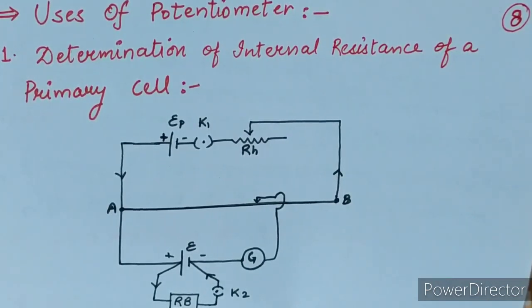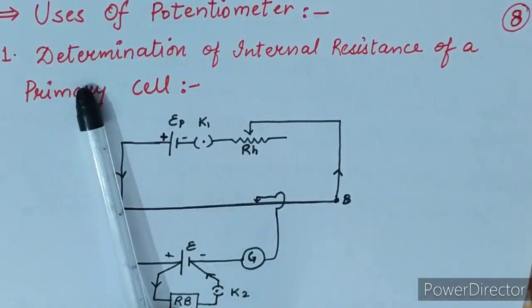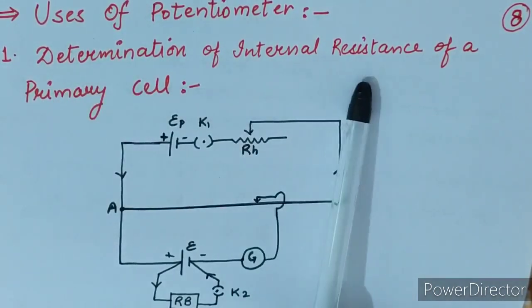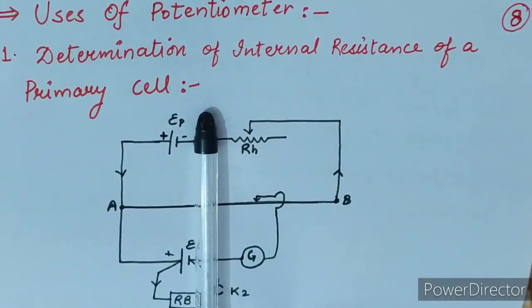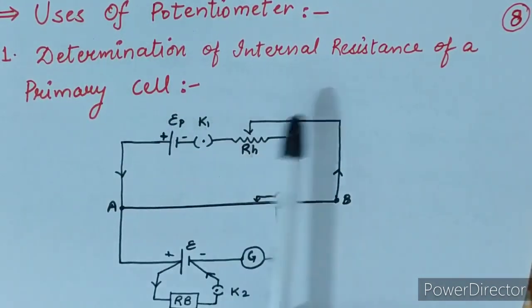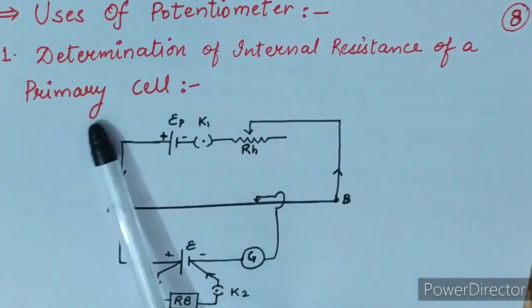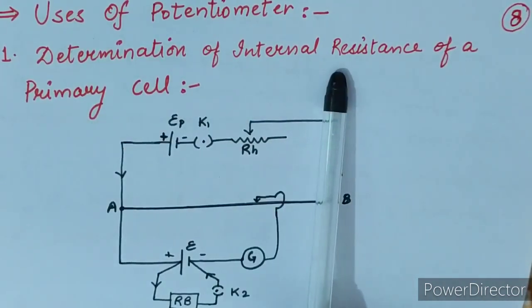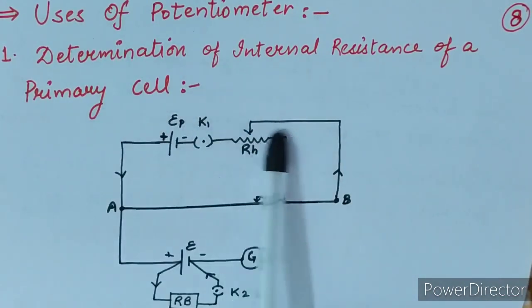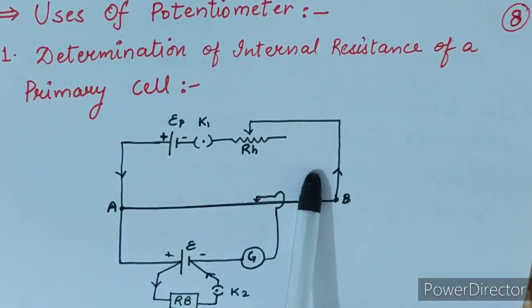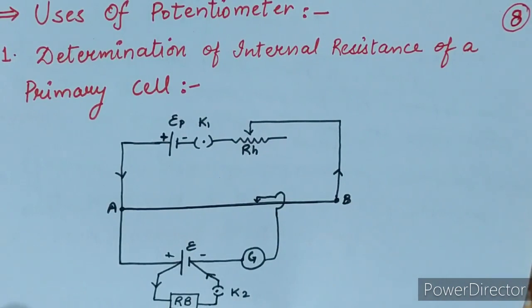Our first use of potentiometer is the determination of the internal resistance of a primary cell. What we have to determine is the value of small r of the primary cell. The primary cell means the cell used in the primary circuit, and I have told you many times that the primary circuit always remains the same.